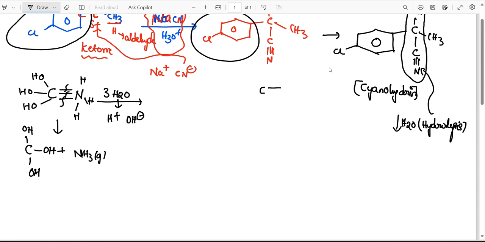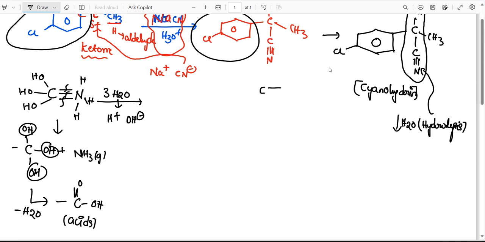Any carbon or element having three OH groups is highly unstable and loses a water molecule. So it produces C double bond OH. Acids are produced.